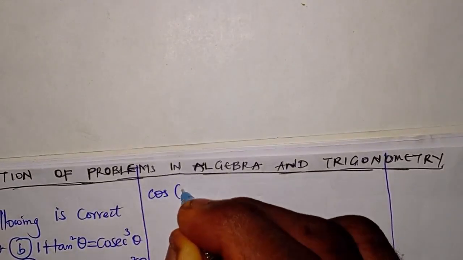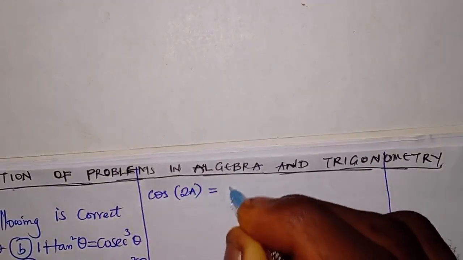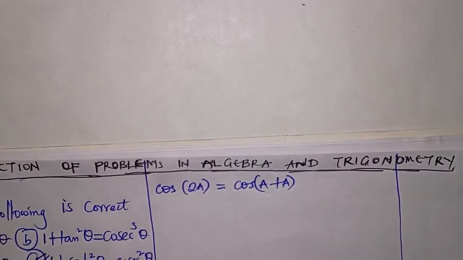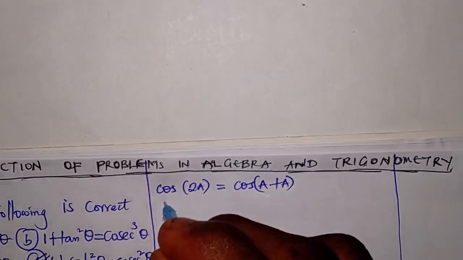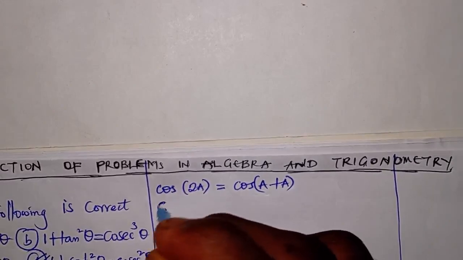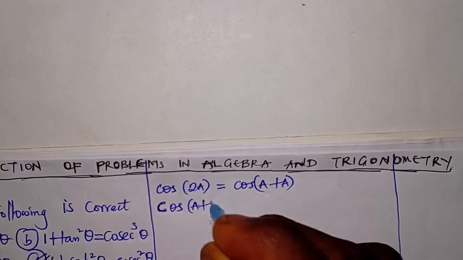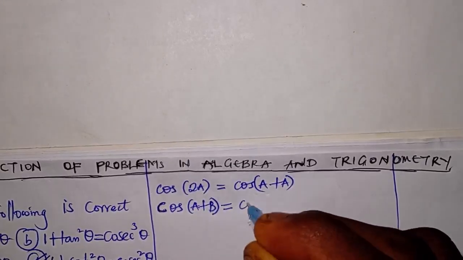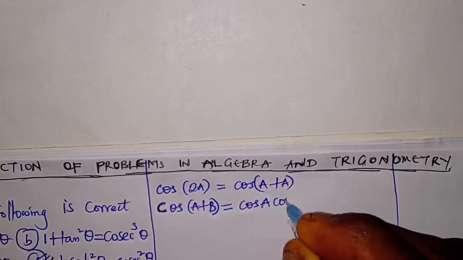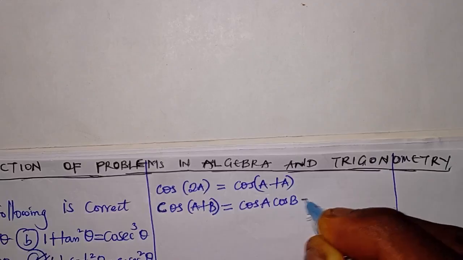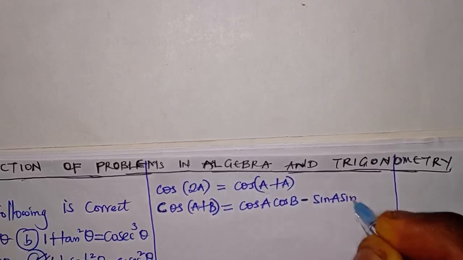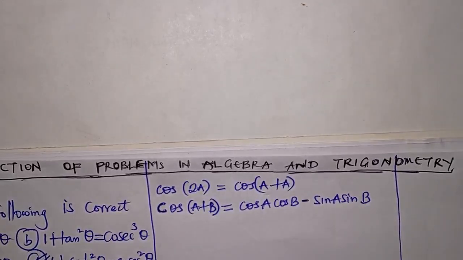Cos 2A is actually cos(A plus A), the cosine of A plus A. From trigonometry, cos(A plus B) is equal to cos A cos B minus sine A sine B. That's the point.